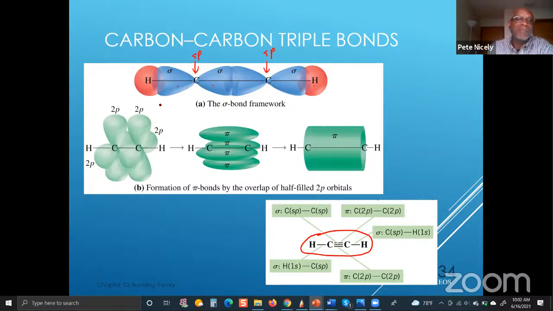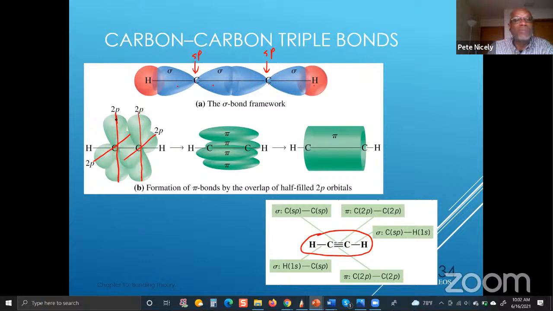And now, this is a bit more challenging to see, but bear with me. For each carbon atom, there are two p orbitals. One of them, for example, for this carbon, is this one right here. I'm drawing a line right through it. And the other one is perpendicular to it, like this. And you have another p orbital on the other carbon, like this, and then the other p orbital will be like this.